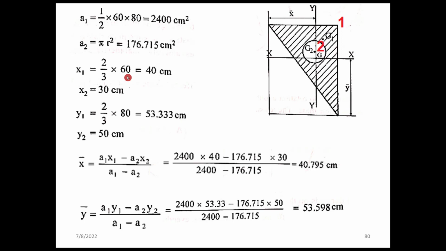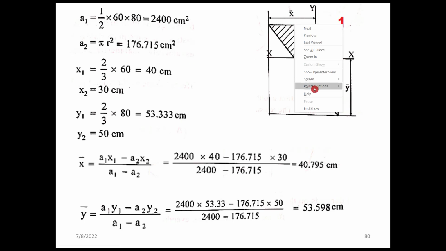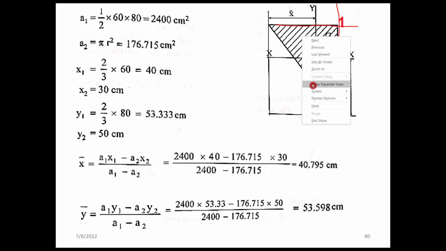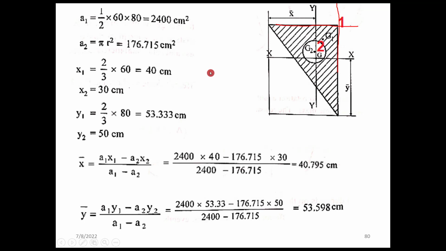This 2/3 is there because we know the centroid value with respect to this point. I have drawn a red line. So we know that the centroid from this junction or this corner is b by 3 and h by 3 from this point, right?